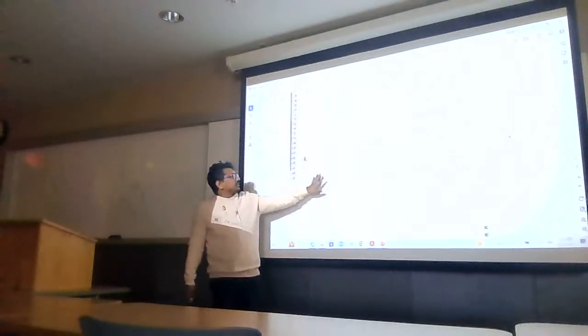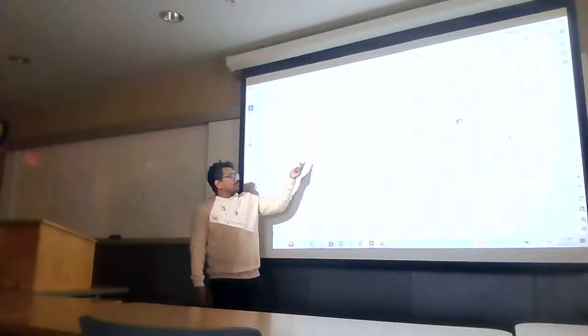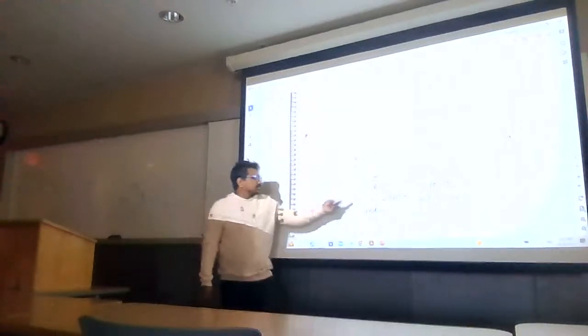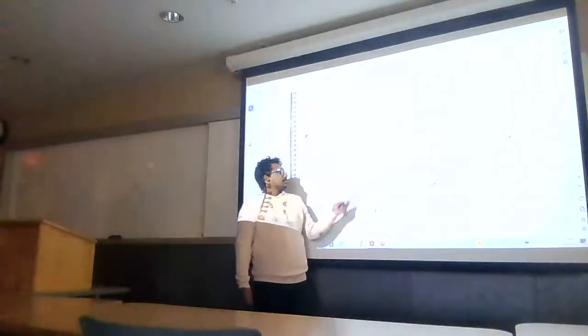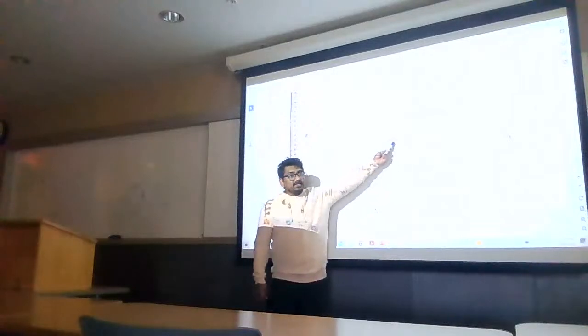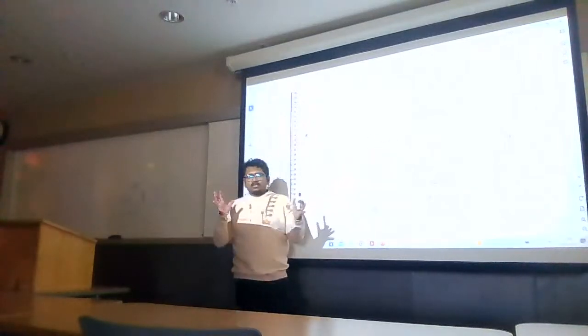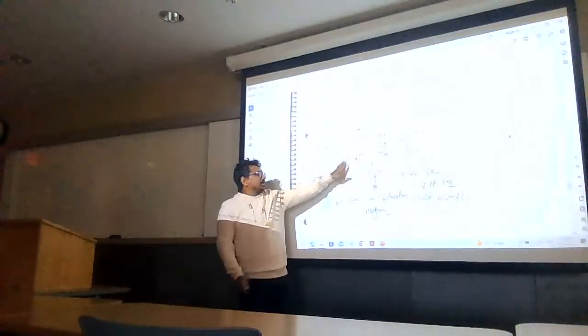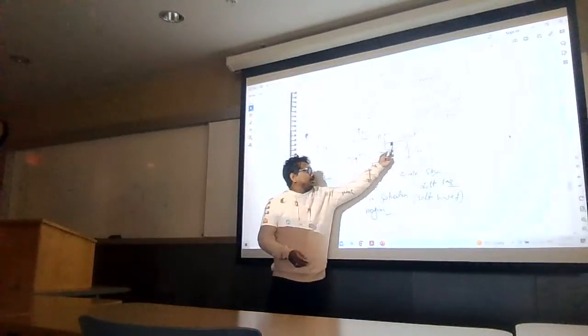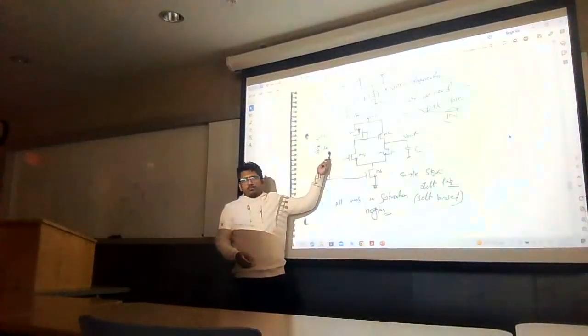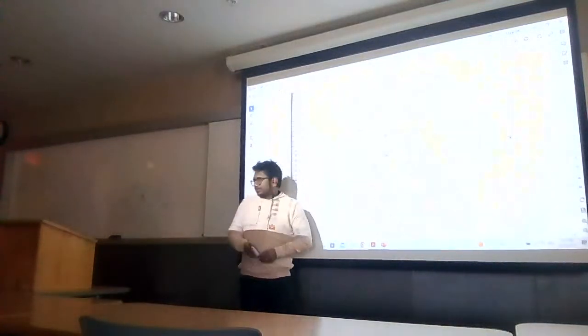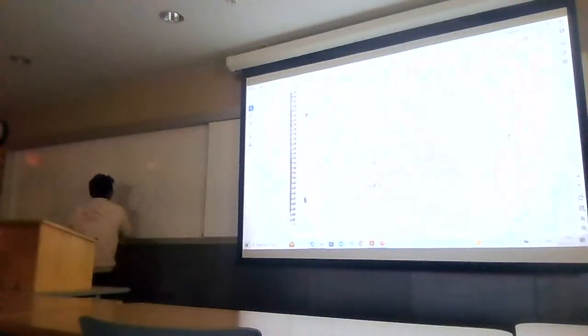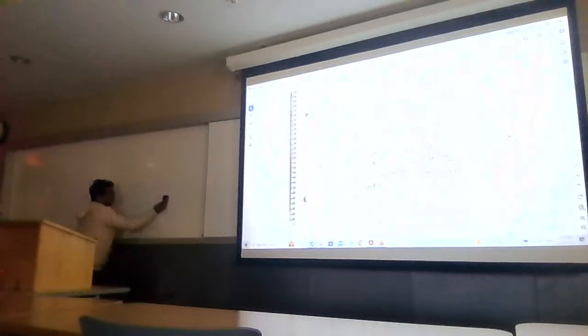This is also known as a single stage differential pair, and there is a single-ended output. There are some special circuits where you will find two outputs, one output from here and one output from here. Let's say there is another circuit that looks like this.